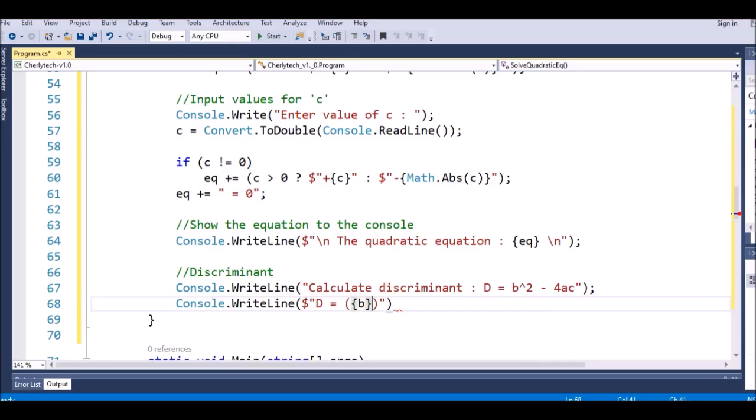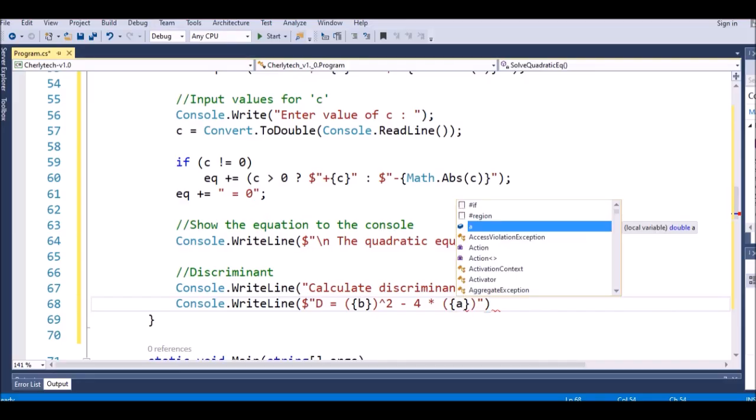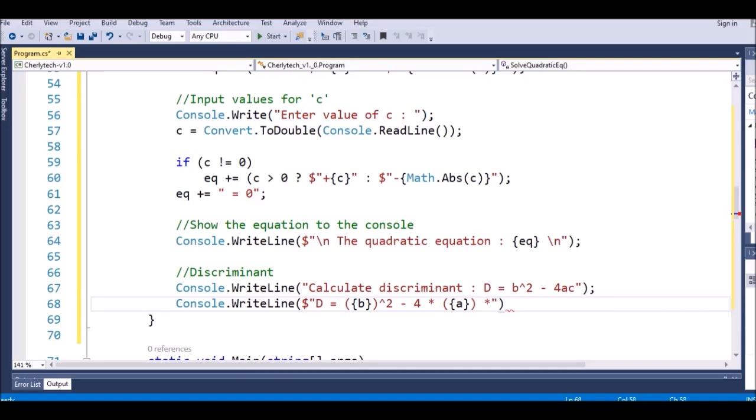B, and then power, and then minus 4 multiply A, right, and multiply C, like this. So after that, just end by semicolon.